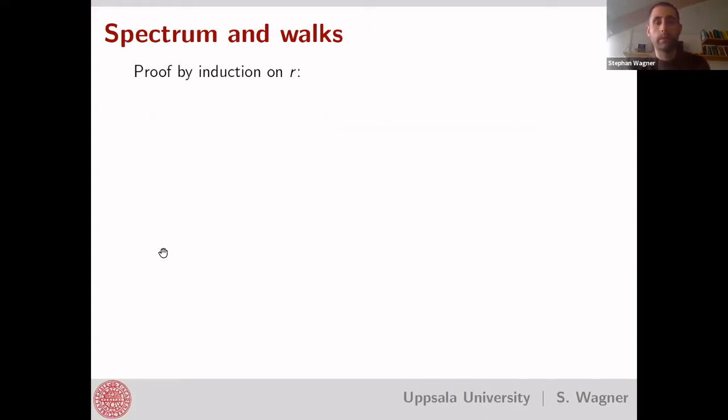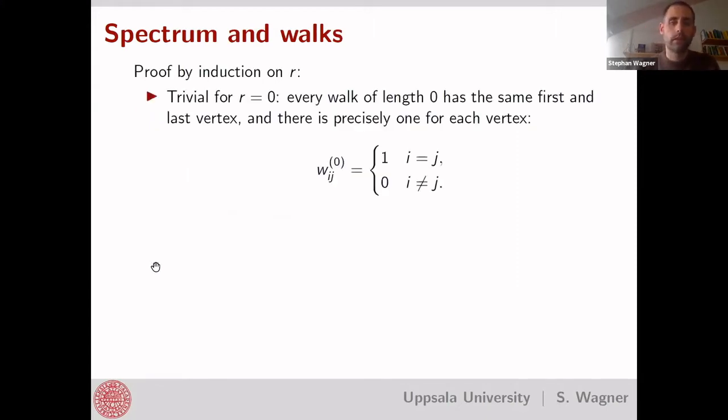The proof is simply by induction on r. You can start with r equal to 0, or if this sounds a bit dodgy because you don't like walks of length 0, you can start with r equal to 1, and it makes as much sense. But when r is 0, we can just say that walks of length 0 mean I start at the vertex and then I stay there, I do nothing.